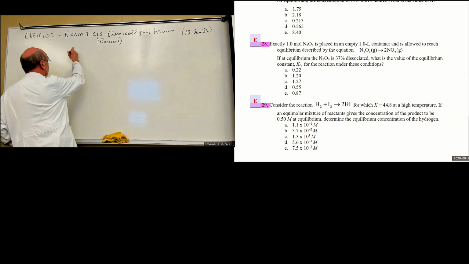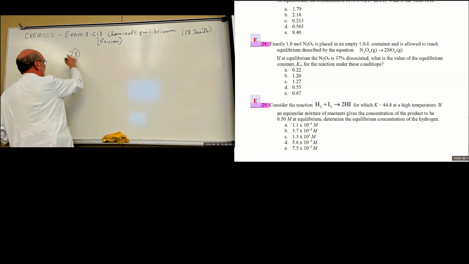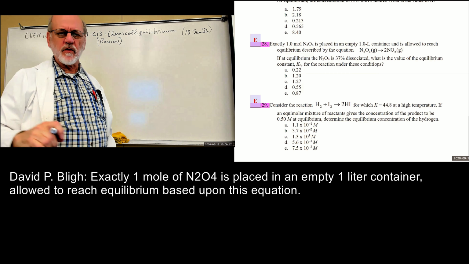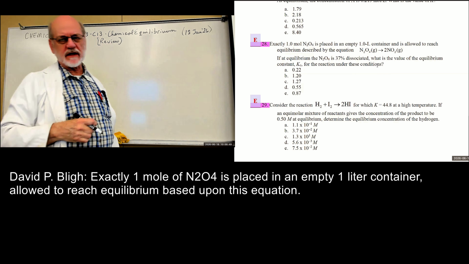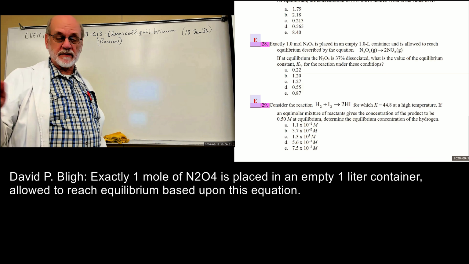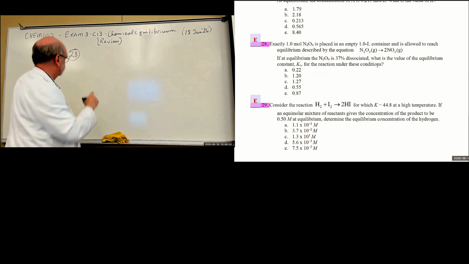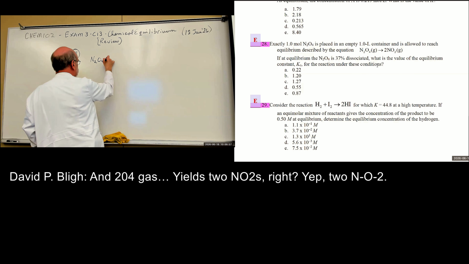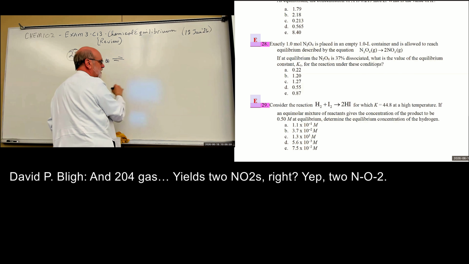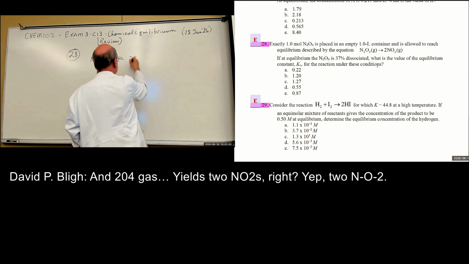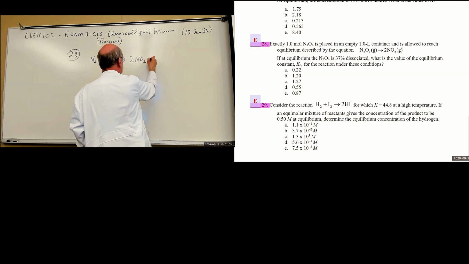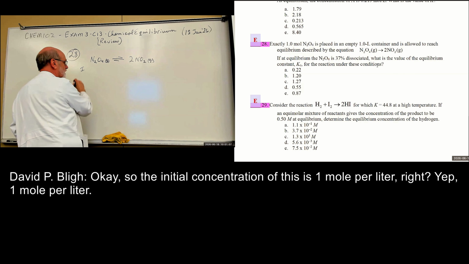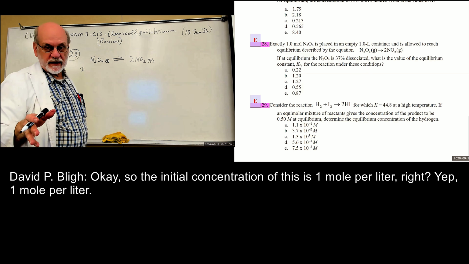Number 28. Exactly 1 mole of N2O4 is placed in an empty 1 liter container, allowed to reach equilibrium based upon this equation. N2O4 gas yields 2 NO2s, right? Yep, 2 NO2. Okay, so the initial concentration of this is 1 mole per liter, right?